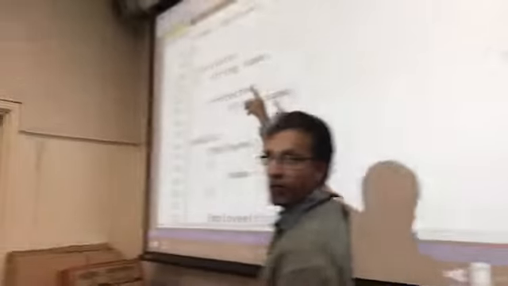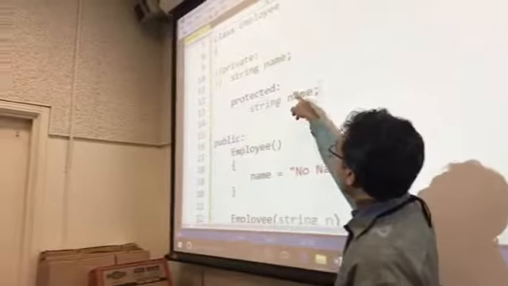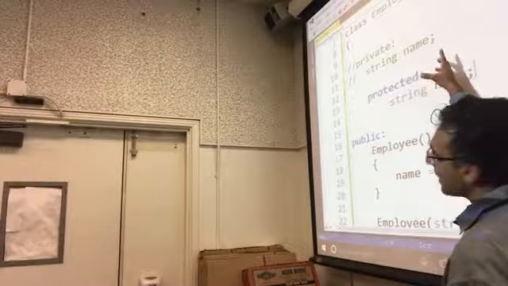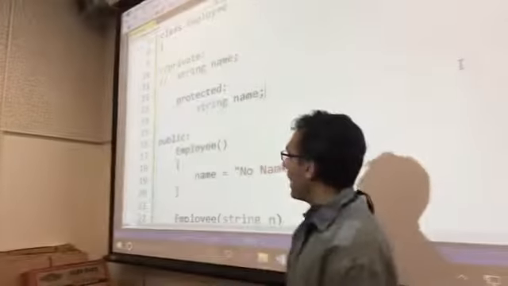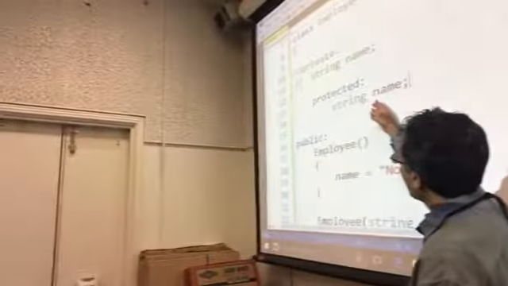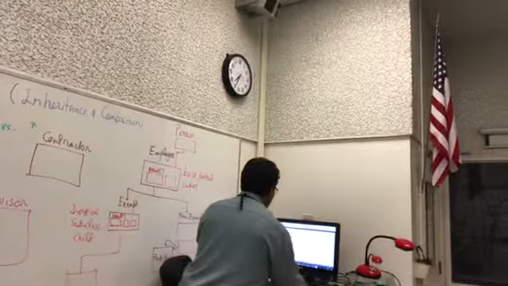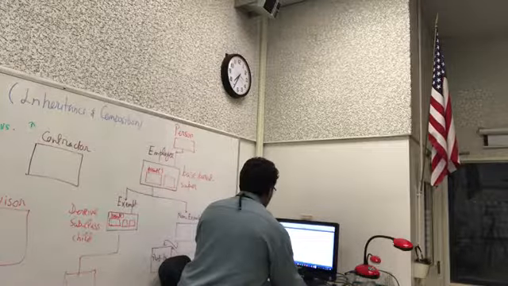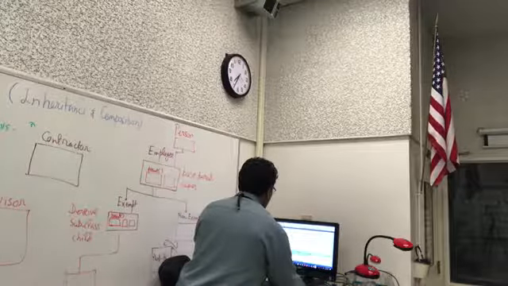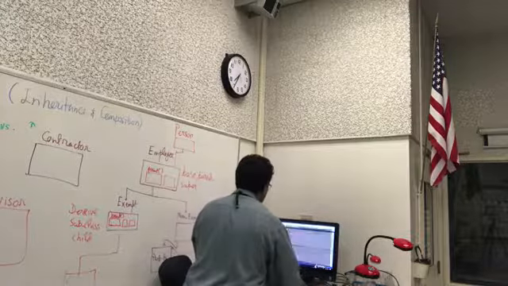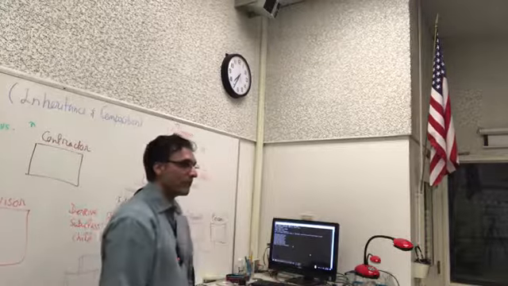So what I just did, in my employee class, as you can see on the camera, I made my name or my data variable a protected member. By making it protected, I'm hoping this time the derived class can access it. Let's take a look. Looks like there's no error message here. So this time when I run it, it runs successfully.